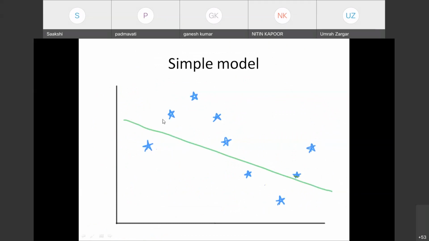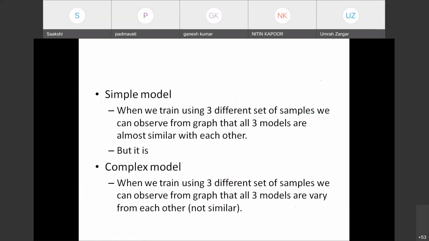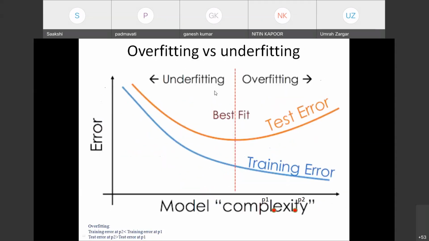But you can see the average error is going to be very high. So when you go for a simple model, you will get high bias, and underfitting will occur.